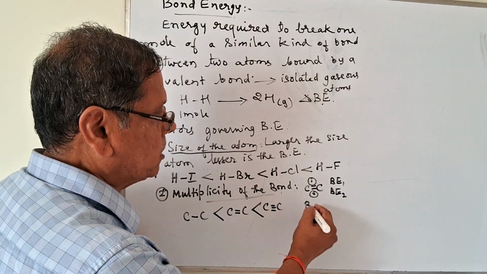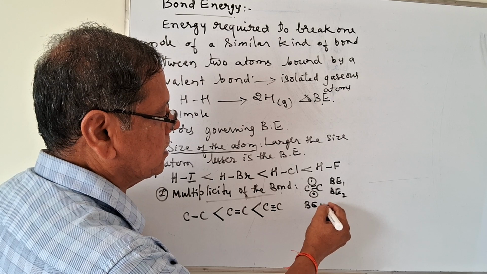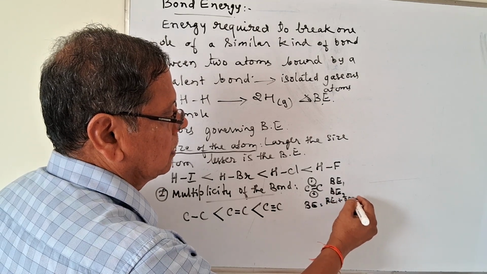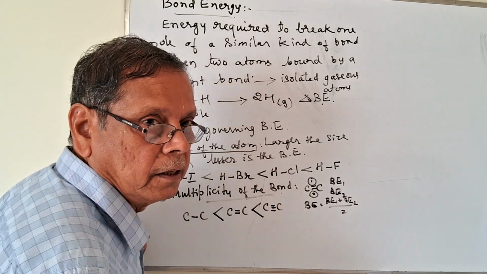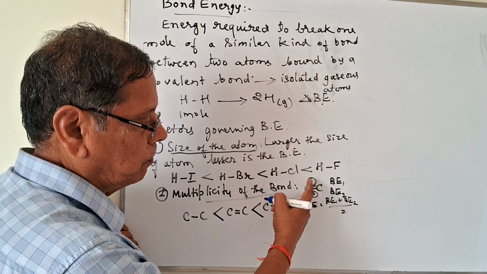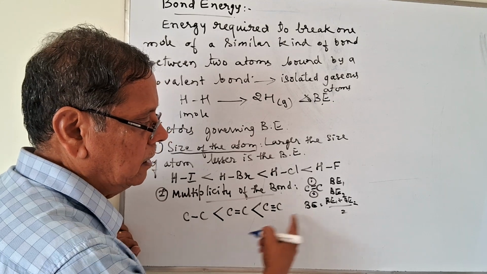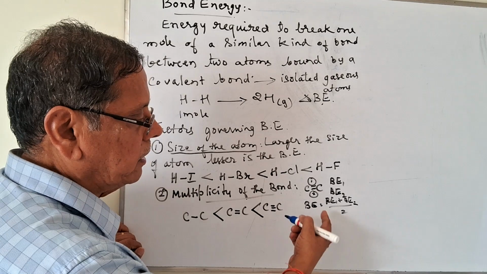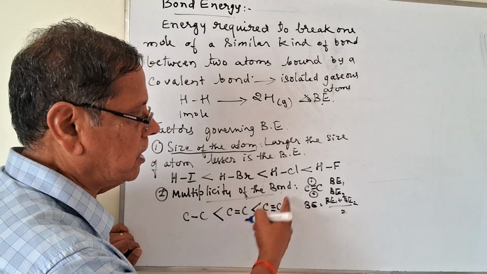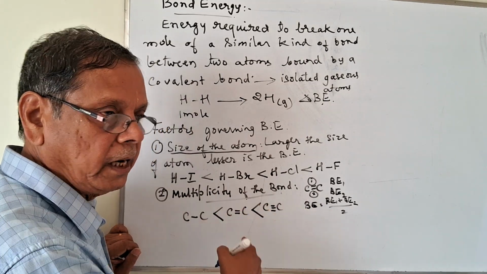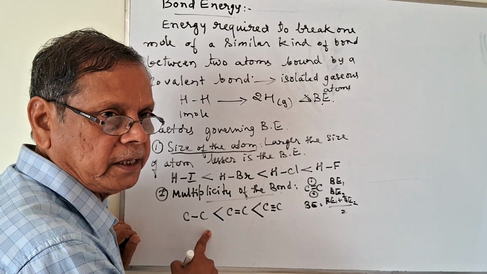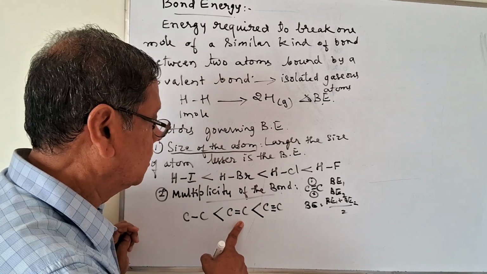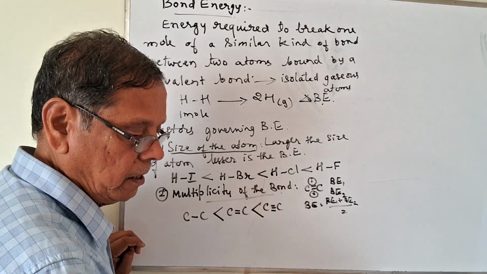So this bond dissociation energy or bond energy is taken as the sum of Be1 plus Be2 divided by 2. To break the two bonds, more energy is required for the second, and the first energy is lesser as compared to the second energy. So the average energy is taken as the bond dissociation energy in case of the multiple bonds. But still, the bond energy for the single bond is smaller as compared to bond energy for the double bond. So this is about the multiplicity of the bond.